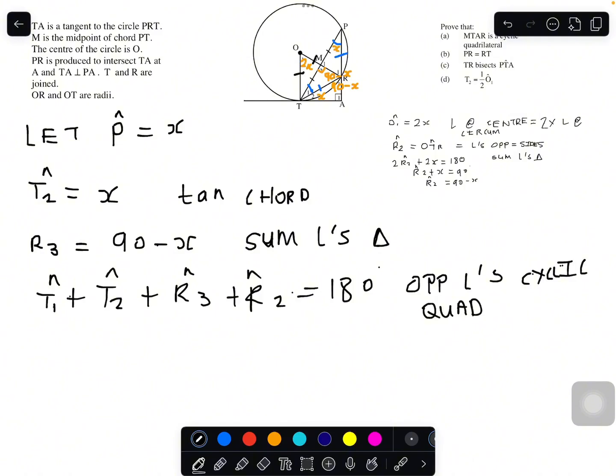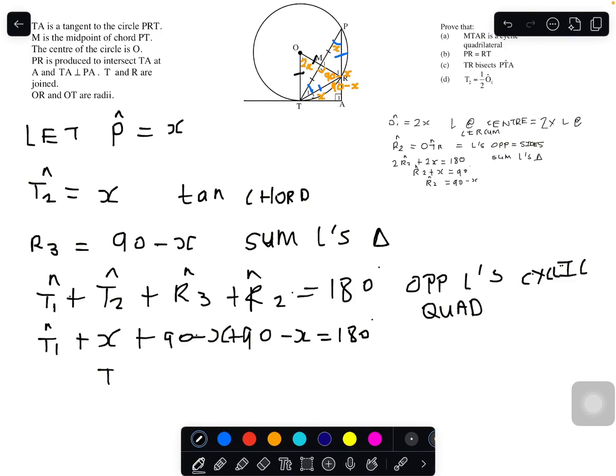Now we just sub in the values. So for T1, that is our unknown, so we're going to have plus T2, which is x, plus R3, which is 90 minus x, plus R2, which is 90 minus x, equals 180. And we're going to simplify this now.